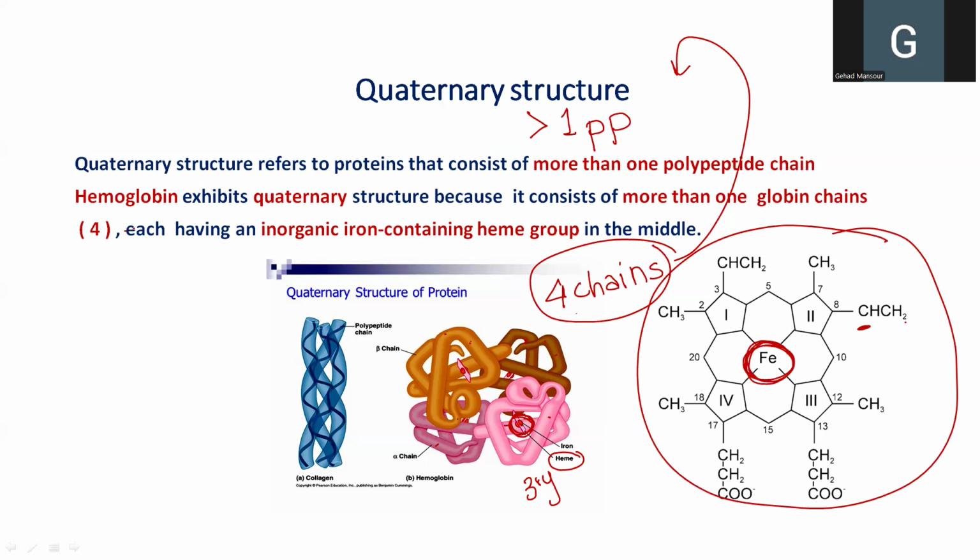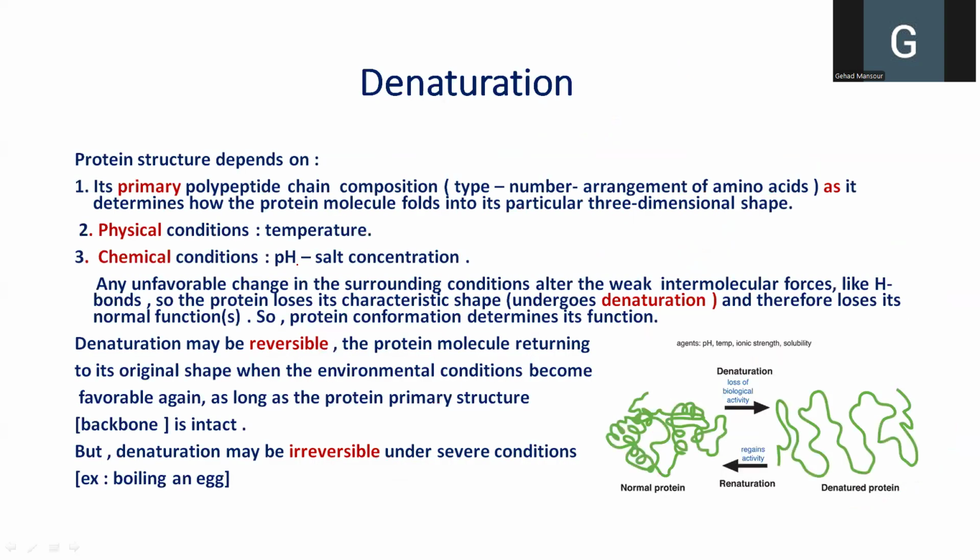So when we say each of the 4 polypeptide chains has an inorganic iron-containing heme group in the middle, this does not mean that the heme group is inorganic. It means that the heme group contains in its center iron, and that iron is inorganic. But heme, of course, is organic because it contains carbon and hydrogen.